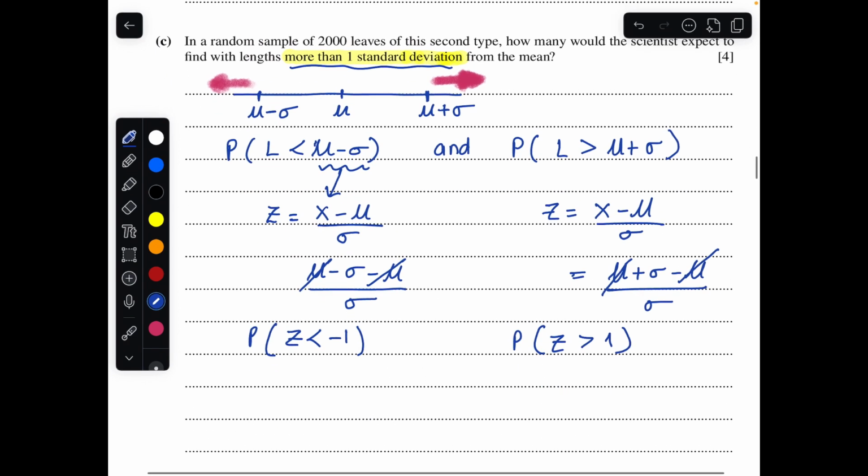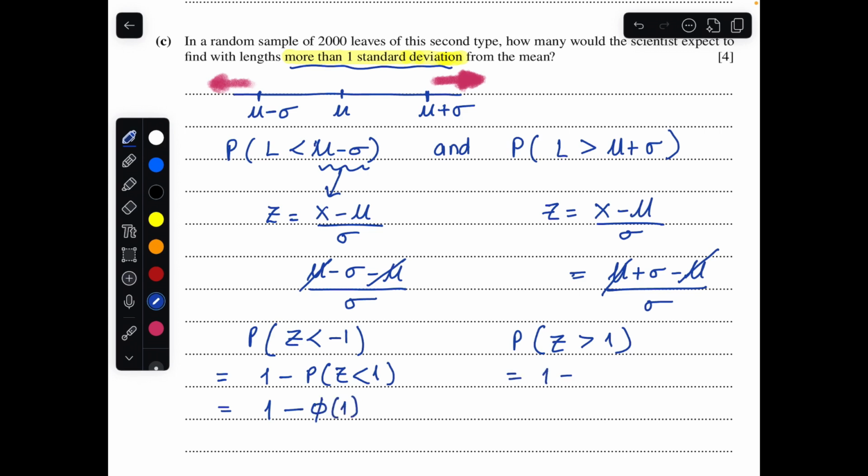How do we calculate the probability less than negative 1? It is 1 minus the probability of z-score less than positive 1. So that is going to be 1 minus phi of 1, and here you're going to get 1 minus, again, the probability of z-score less than 1, which is 1 minus phi of 1.